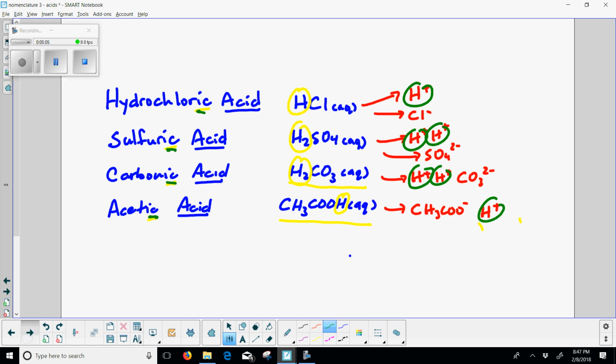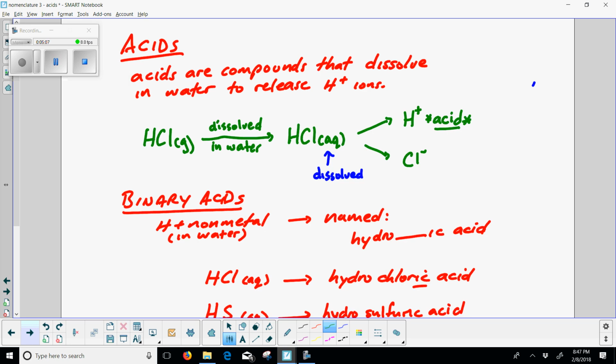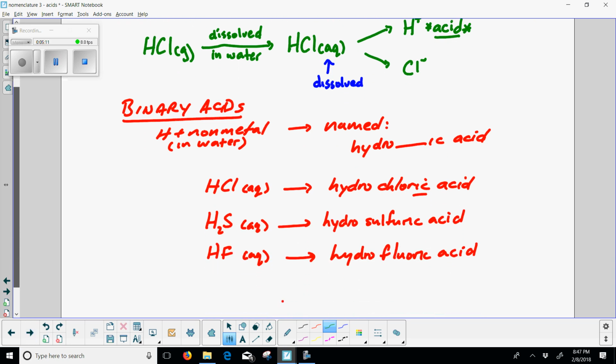So let's look at a couple of examples. So the simplest acids are the binary acids. These are ones like hydrochloric acid, hydrosulfuric acid, hydrofluoric acid. They have two parts only. They're very, very simple. That's why they're called binary acids. So you have a hydrogen plus a nonmetal dissolved in water. That's very, very important. And what that gives you is this acid.